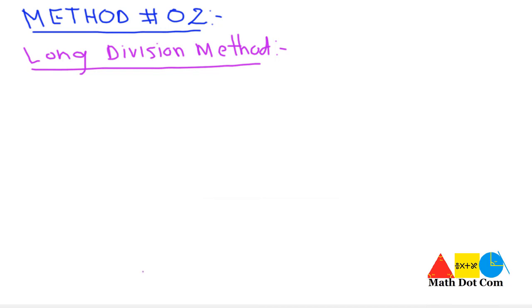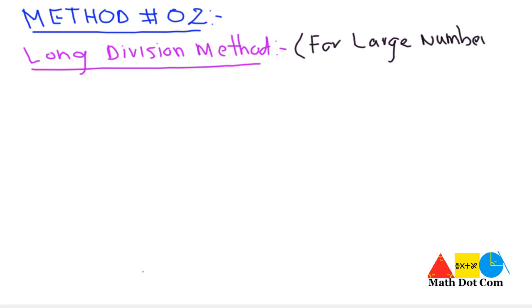Basically the difference between the two methods is that the method of prime factorization is used for two-digit numbers, or you can say for smaller numbers, but the long division method is used for large numbers, like three-digit numbers.